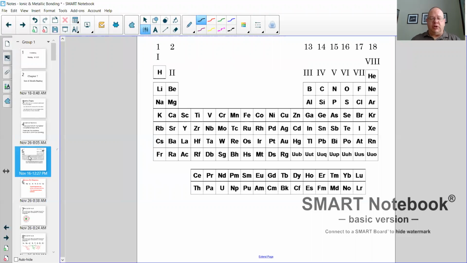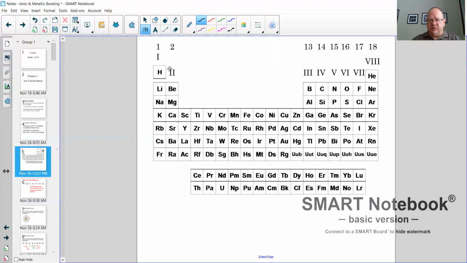Now, there's a shortcut to finding valence electrons that I hadn't showed you before. Okay, so when you look at your periodic table, remember our current numbering system numbers the columns just with our regular counting numbers: 1, 2, 3, 4, 5, 6, 7, 8, 9, 10, 11, 12, 13, 14, 15, 16, 17, 18.